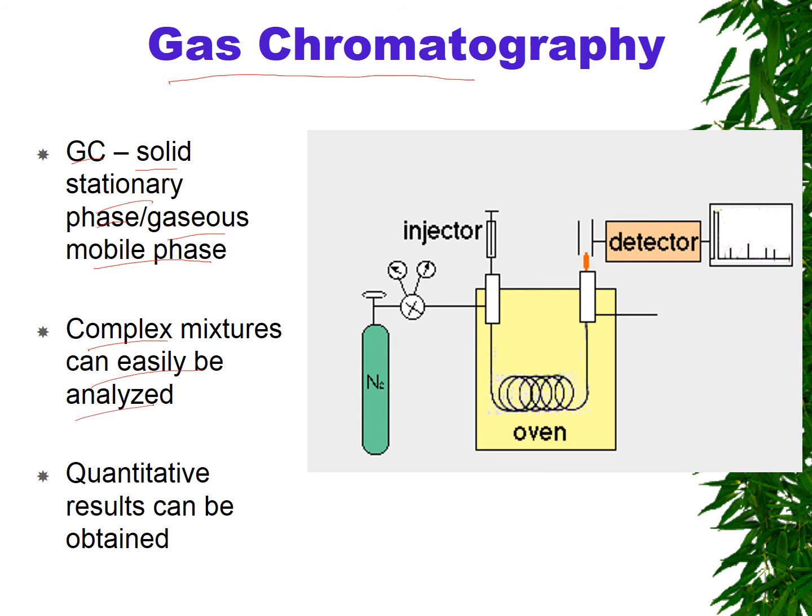Senang je kalau guna chromatography ni, yang penting kita ada dia punya standard. So kita boleh analyze and the result can be obtained quantitatively. So kita boleh tahu compound apa yang ada dalam tu, and then berapa banyak, berapa persen dia. Contoh concentration ke percentage ke, kita boleh dapat daripada chromatography.